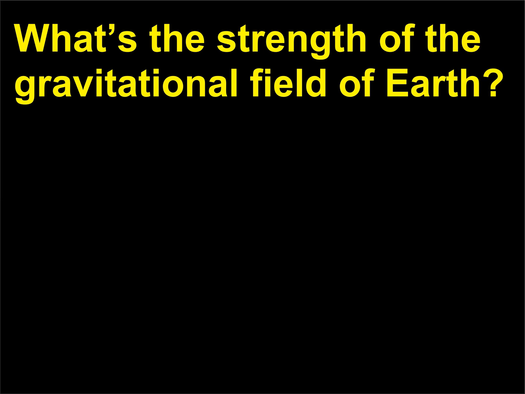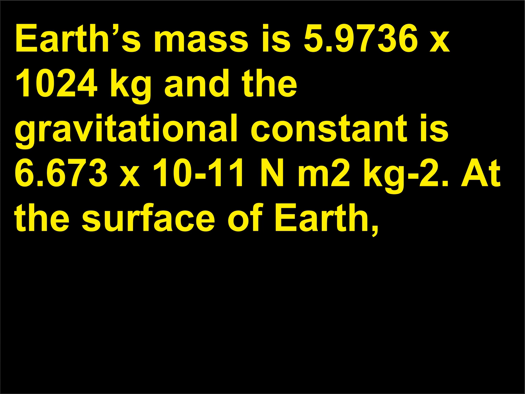What's the strength of the gravitational field of Earth? Earth's mass is 5.9736 x 10^24 kilograms and the gravitational constant is 6.673 x 10^-11 N·m²/kg².